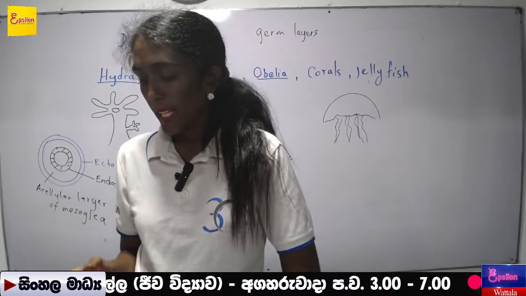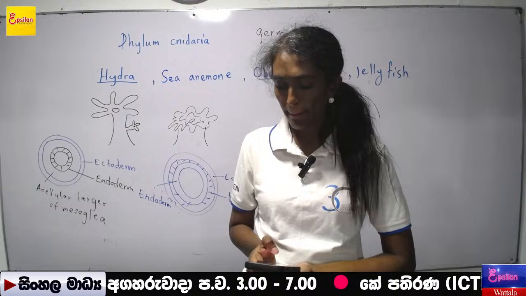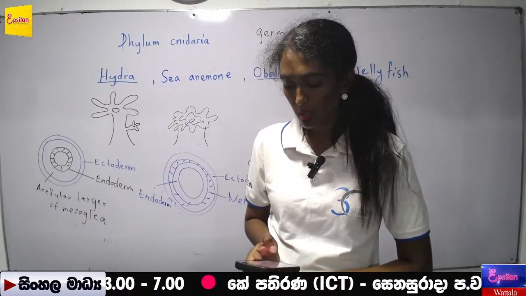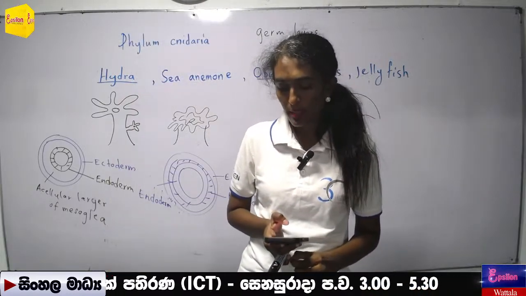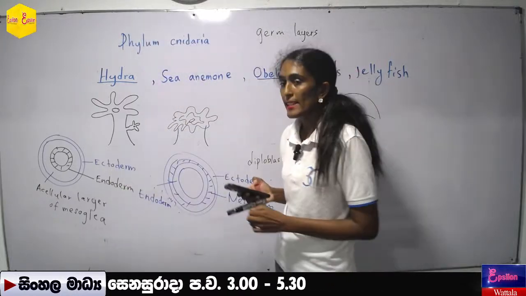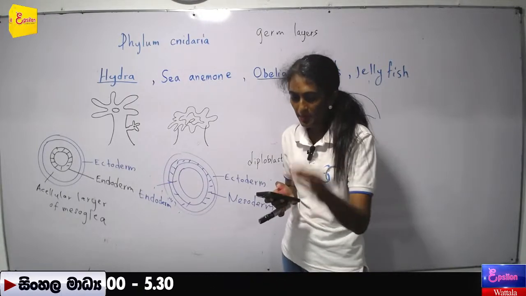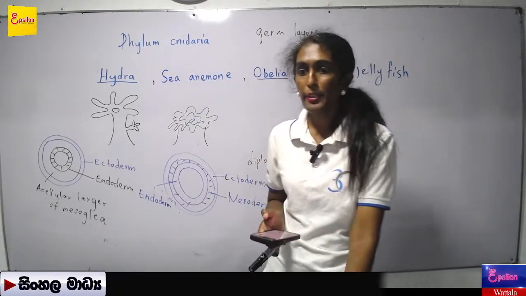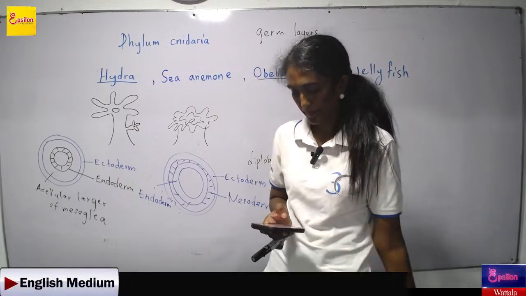Repeat. A basic body plan in which organisms can be divided into similar halves along the central axis. What is the example animal phyla for this one? Take the special color and write phylum Cnidaria. This is kind of a big summary for you guys. This one you can easily go through when you are going to the exam.